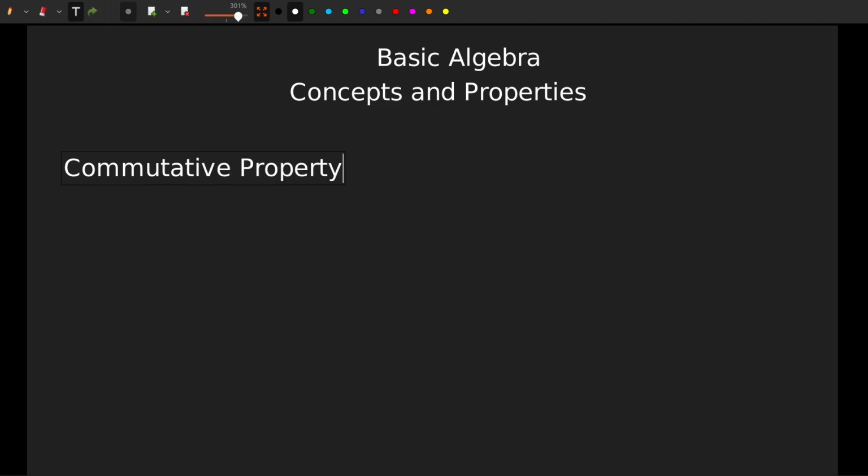And the commutative property goes like this. Suppose we have two numbers, a and b. So we have a and b. And we're going to assume that these are real numbers. So we would say exists in the real number set.